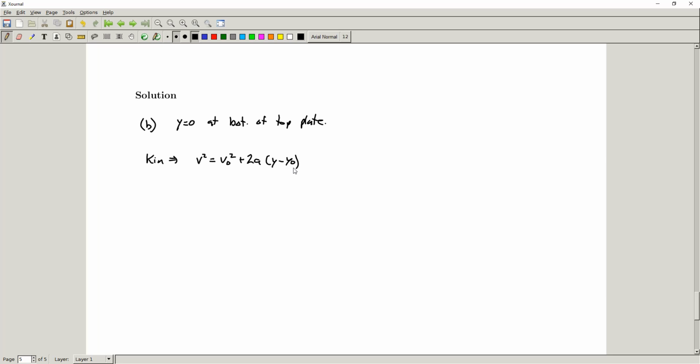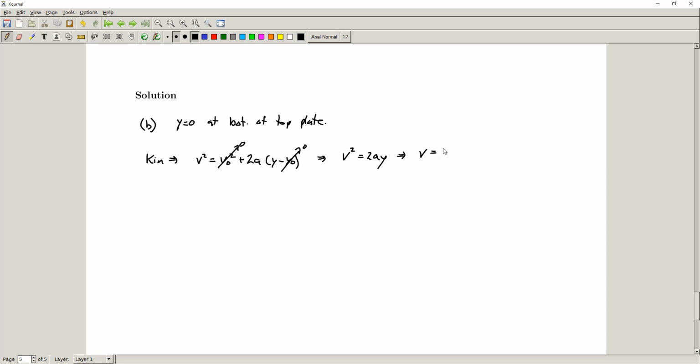So we should all remember that one from when we did work in kinematics. And we can simplify this because we know that initially there was no velocity, and we set our y naught to 0, and so this simplifies down to v squared is equal to 2ay, and we can isolate our v.